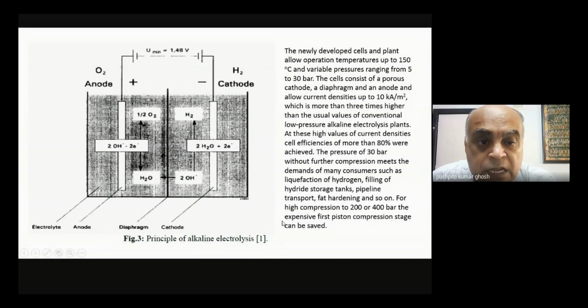Okay? So, under alkaline electrolysis conditions, what you do is you actually make the anode compartment alkaline. Why? Because this oxidation of OH minus to oxygen is most favored under alkaline conditions.